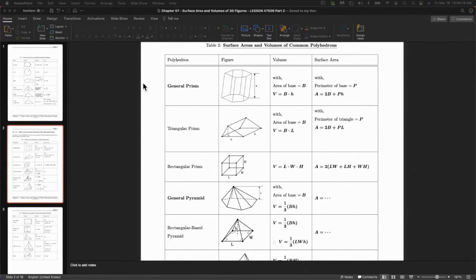As long as you know three features of a prism, which include the area of the base, the perimeter of the base, and the height of the prism, just with those three quantities, you are able to succeed in finding volume and/or surface area. So what I'm saying is, for these two boxes here with the triangular and the rectangular prism, you don't have to know these formulas. All you really need is this general framework, and you can do every question.